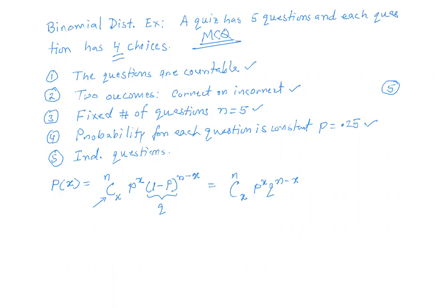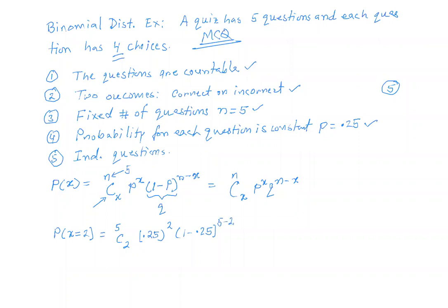Somebody takes a multiple choice quiz, MCQ. What is the probability that the person gets exactly 2 questions right out of 5? So remember, your n is 5. So it's going to be 5C2, p is 0.25, x is 2, 1 minus 0.25 to the power 5 minus 2.